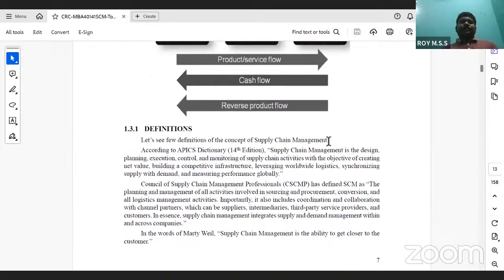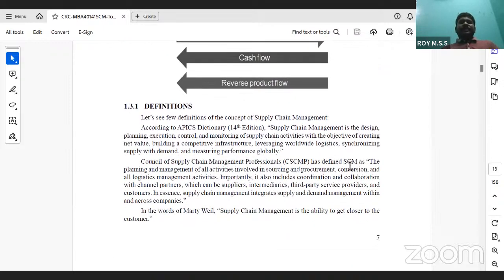Here, the Council of Supply Chain Management defined it as the planning and management of all the activities involved in sourcing, procurement, conversion, and all logistics management activities. It also includes coordination and collaboration with channel partners, which can be suppliers, intermediaries, third-party service providers, and customers.